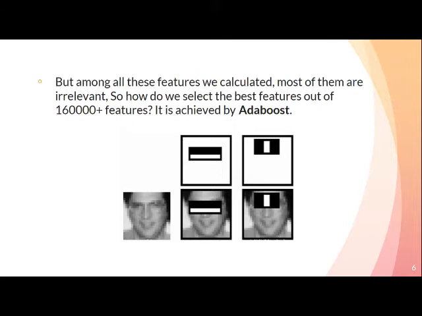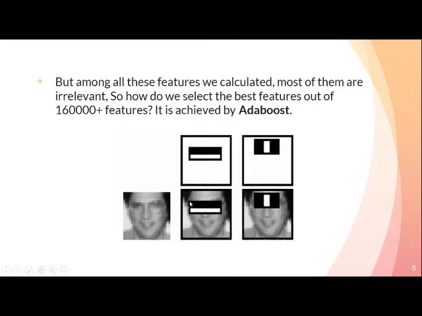So the calculation is drastically decreased. And we use AdaBoost to reduce the number of features, as most of the features that are calculated are of no use to us. For example, here these two are the best cases of features that we can see.